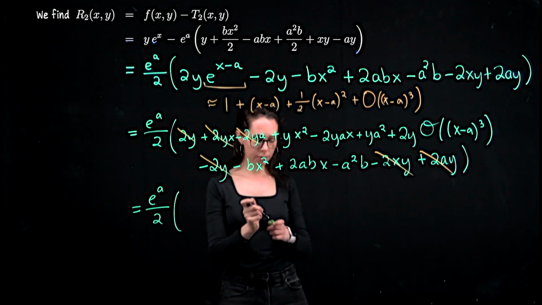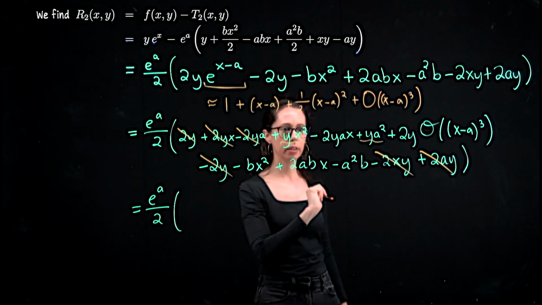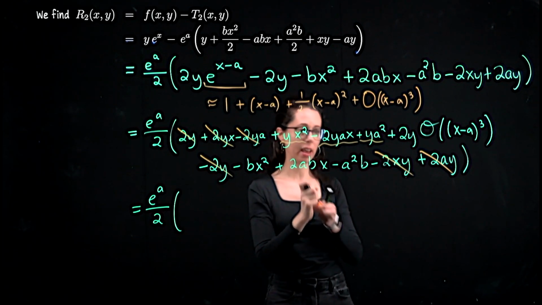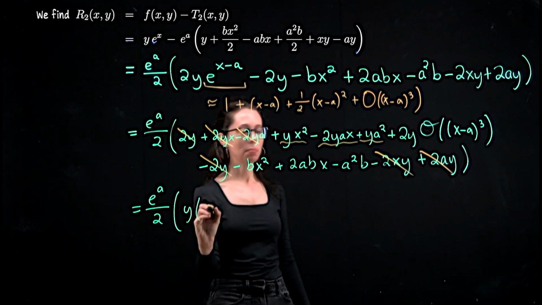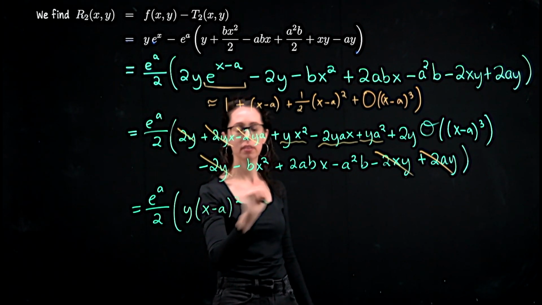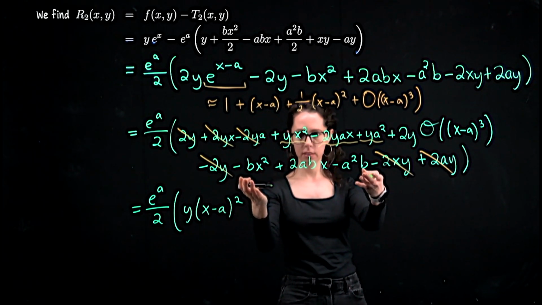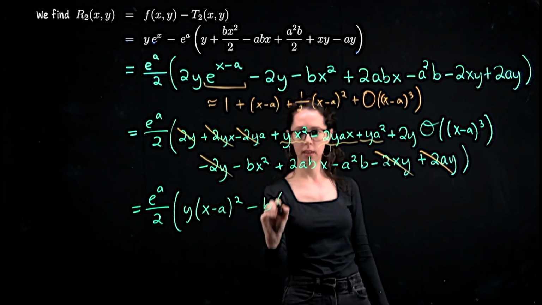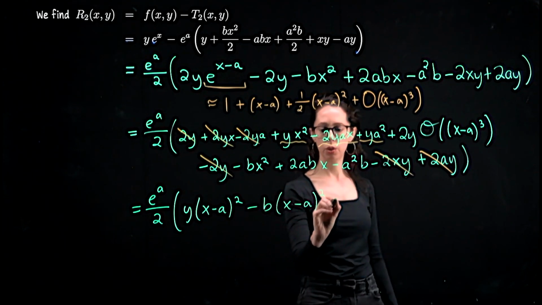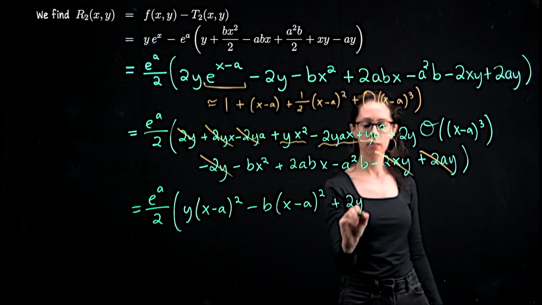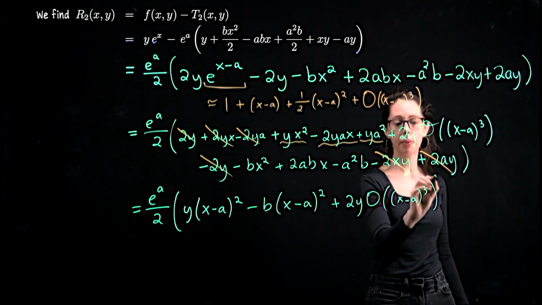Okay, we have yx squared, ya squared, 2yax. Maybe I shouldn't have distributed this. I'm going to write that back as y times (x minus a) squared. And then here, this looks like minus b times (x minus a) squared, and then plus 2y times the higher order stuff, cubic terms and beyond.